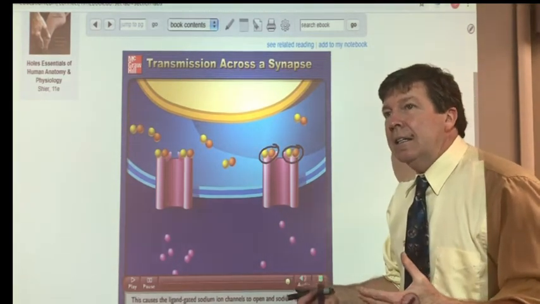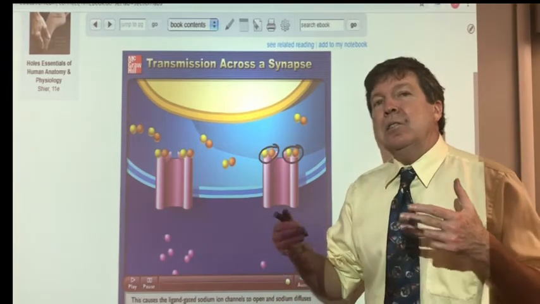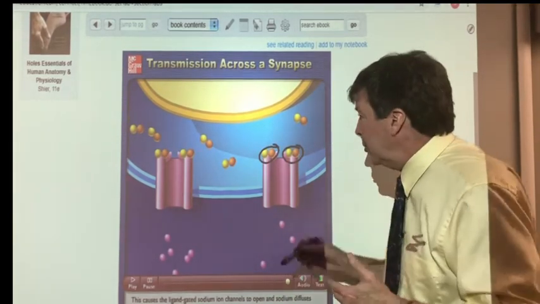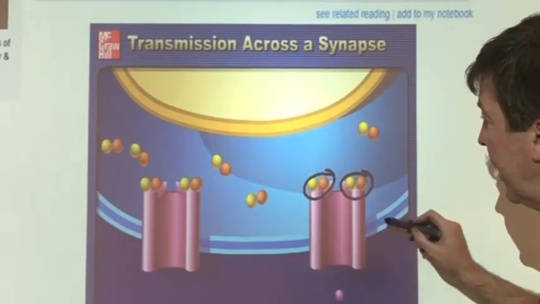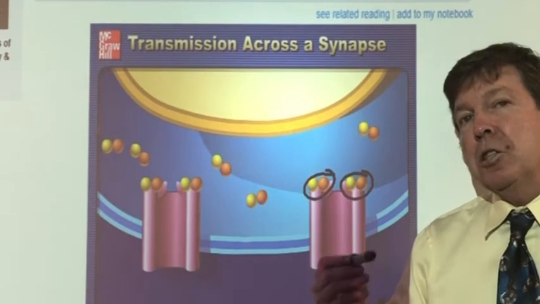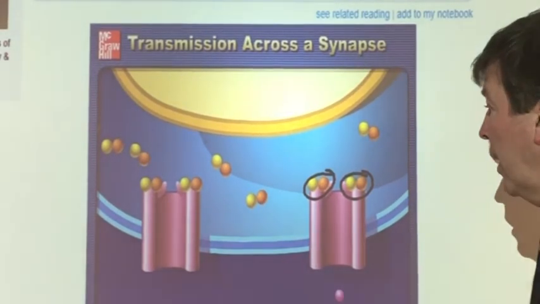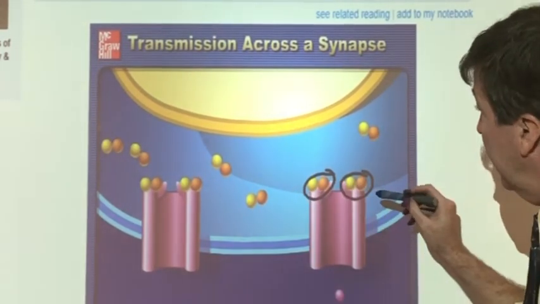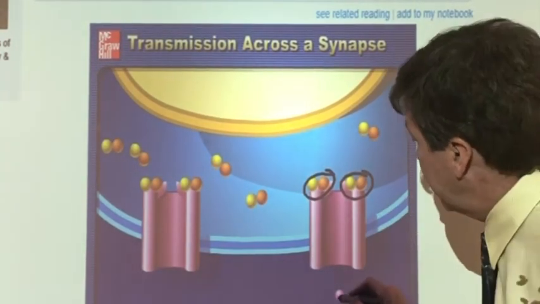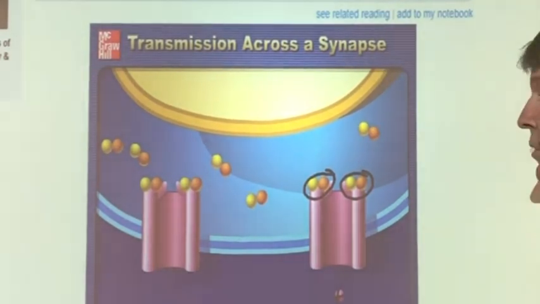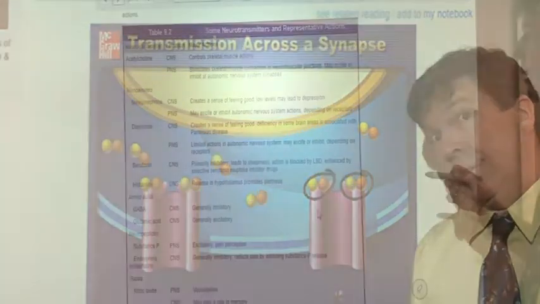A ligand is simply a chemical messenger which is going to attach to the protein channel here, and it attaches with specificity. So the shape is going to be important. Once you get that ligand-gated channel opened, then notice we can get the influx of these positively charged sodium ions and then stimulate the nerve to threshold.